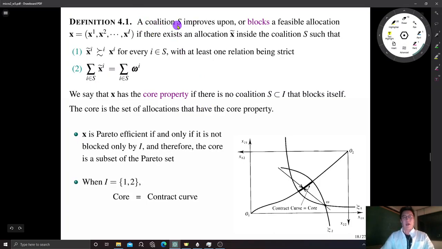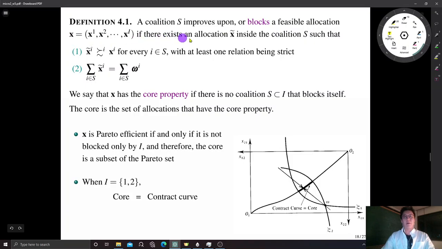We say coalition S improves upon, or blocks, a feasible allocation X. Because now we have I consumers, the payoff or consumption bundle for consumer 1 and consumer 2 respectively, and so on.